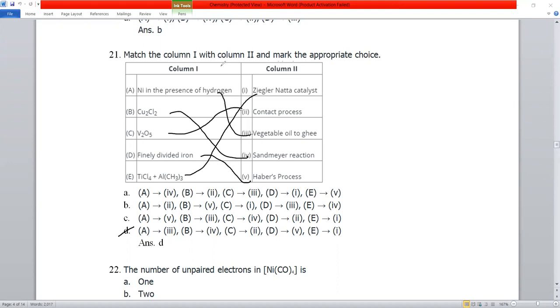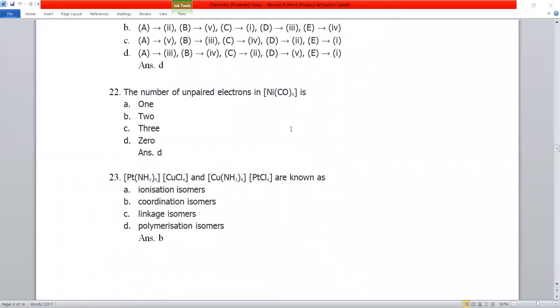Okay. Next question number 22. The number of unpaired electrons in Ni(CO)4. So what is the oxidation state of nickel here? It should be 0. Why? Because carbonyl is neutral. Nickel has atomic number 28.